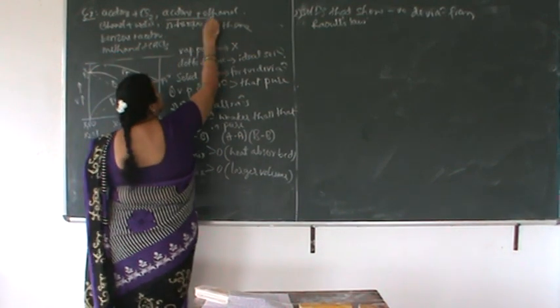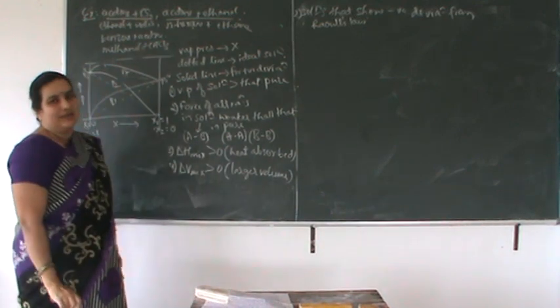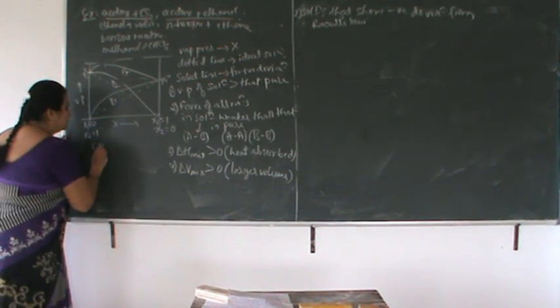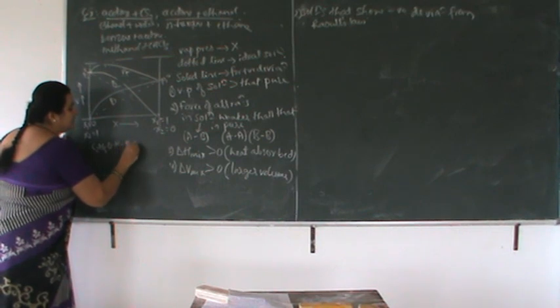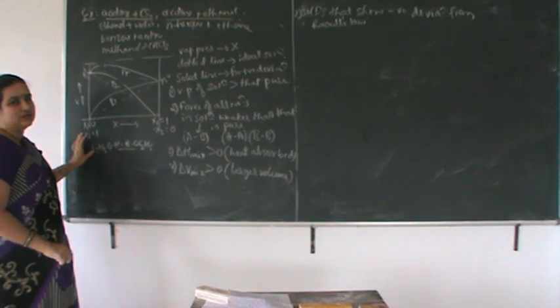Now I will explain this example and this one. In the second example, acetone and ethanol, the ethanol molecules are held together by hydrogen bonds.